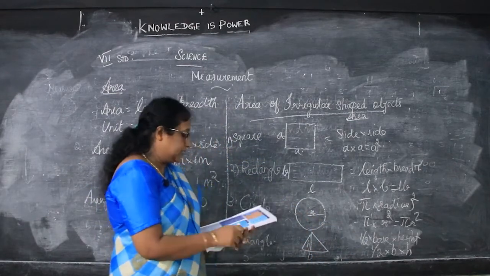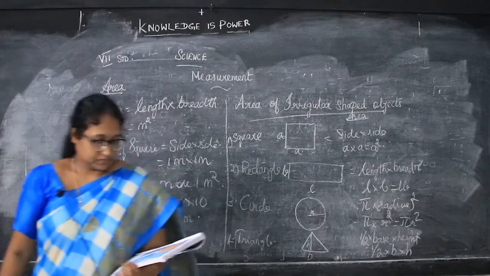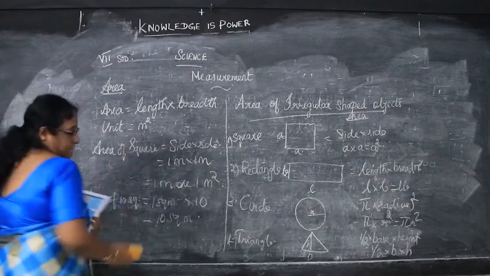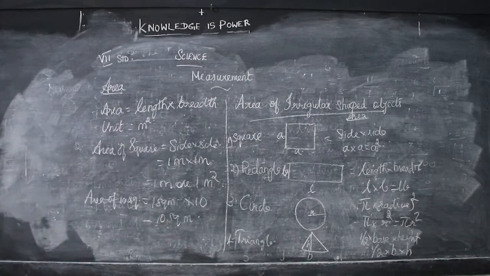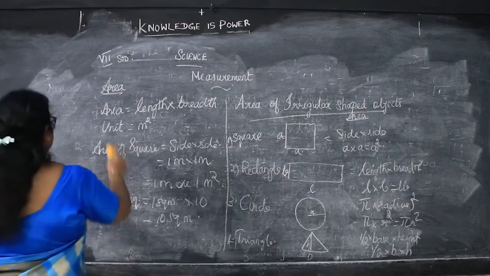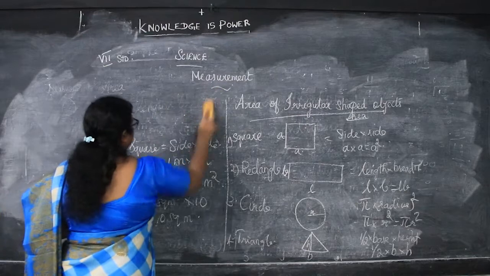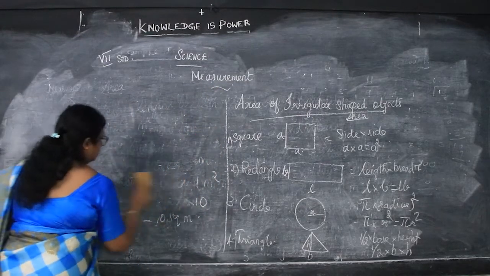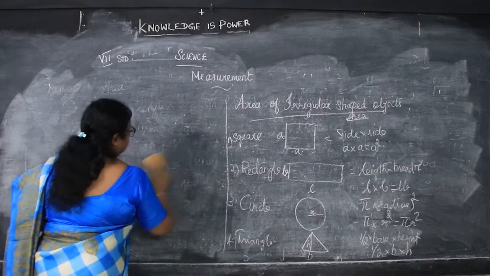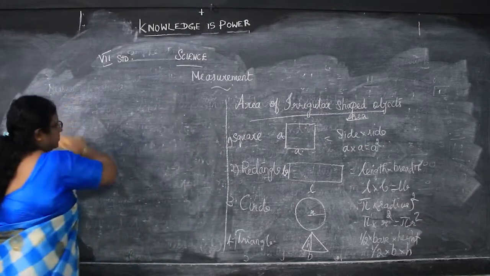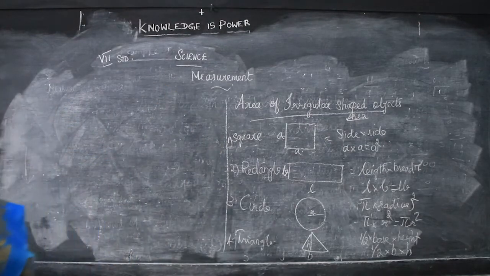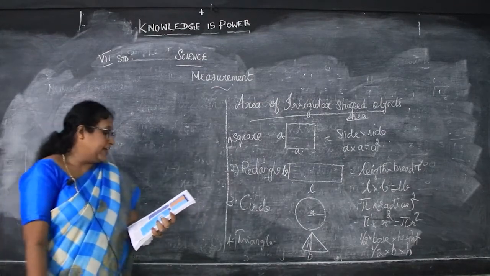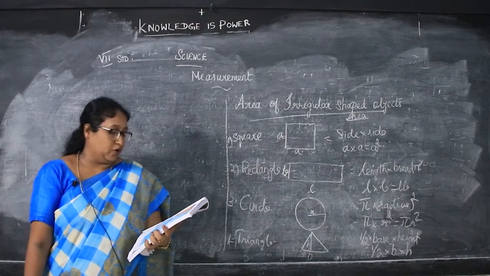Now, we will see a problem now. They have asked a question: find the area of the following regular shaped objects.